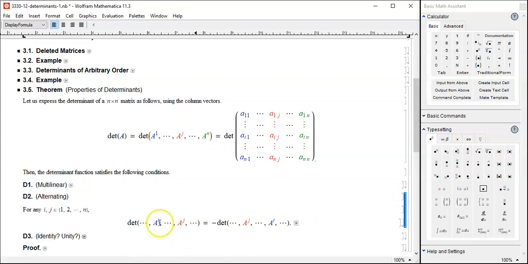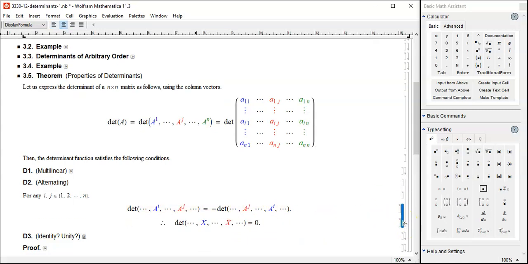Another property is alternating. We can switch the order of two columns, ai, aj, switch these two, then we gain the negative sign. Here's an immediate consequence of that.